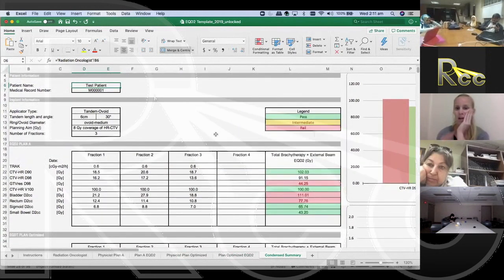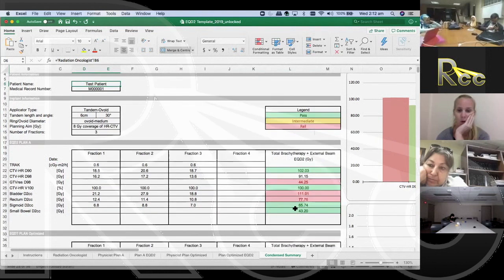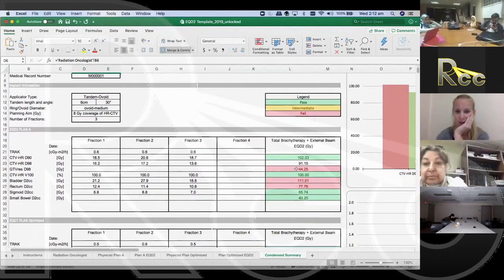So this summarizes all of the main evaluation criteria into a single table, and it adds each individual fraction as well as the external beam and gives you a total EQD2. You'll get your traffic light system, so green is good, red is bad for each of these individual factors.